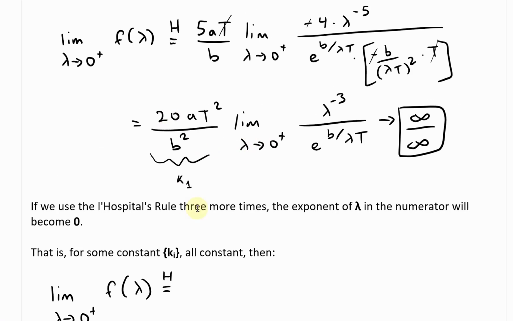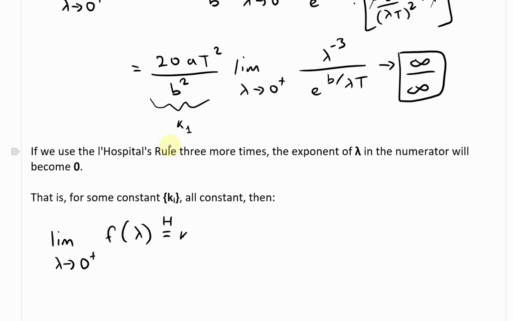And let's write down where we ended up here. So this is going to be k1 times the limit as lambda approaches 0 from the right side of lambda to the power of -3 divided by e to the b kt.